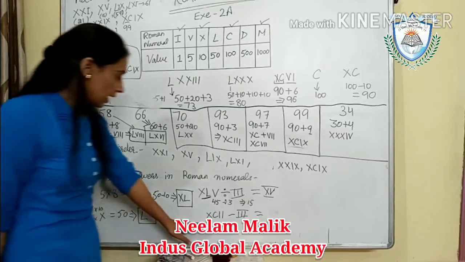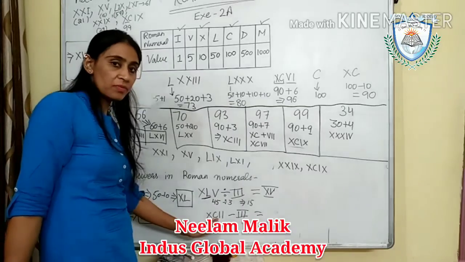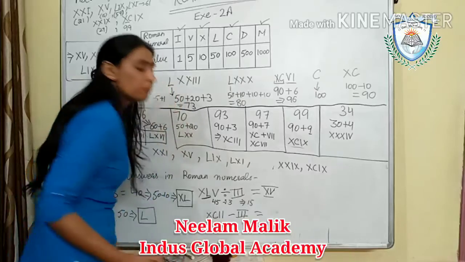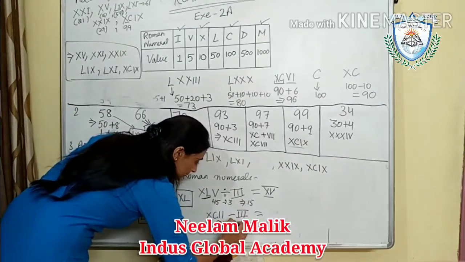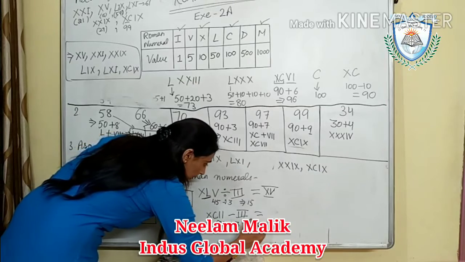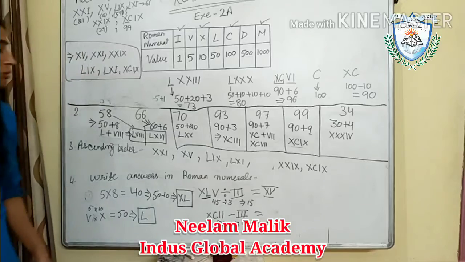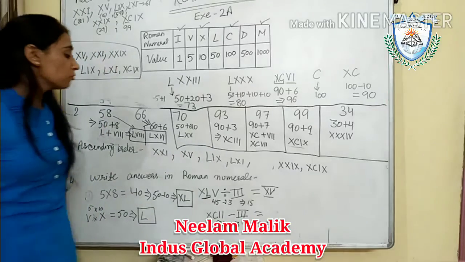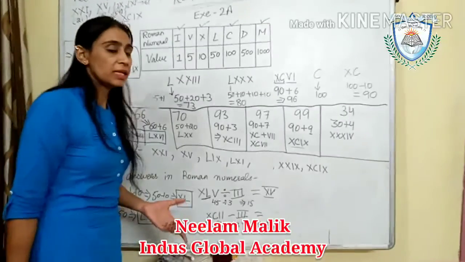Now last, XCII. XC is our 90. So 90 plus 2, 92, minus 3. What will you get? 89. How to write 89? We can write 89 with the help of 80.